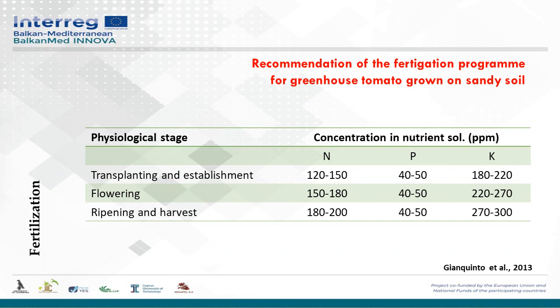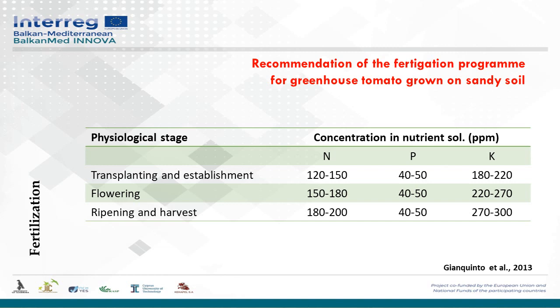The tomato plant can also be fertigated through the proportional method. The quantitative method, in the previous slide, and the proportional method are both explained in the lesson about the fertilization of greenhouse crops.